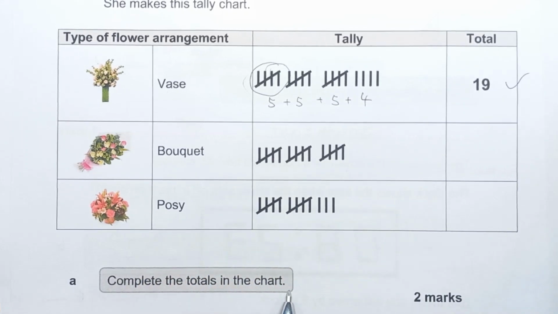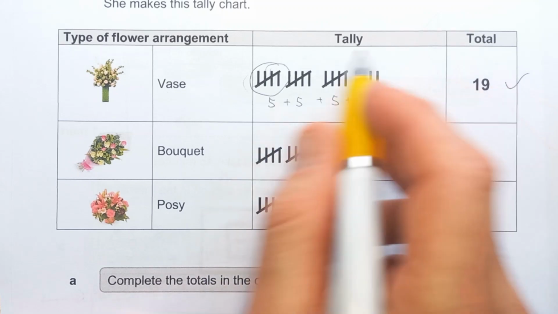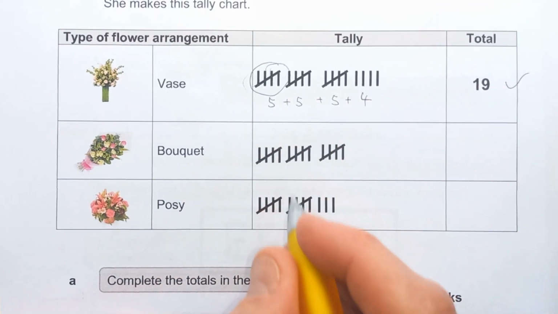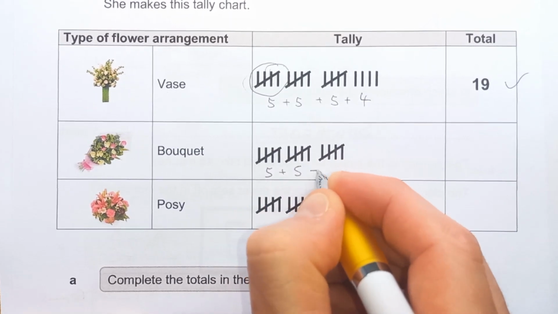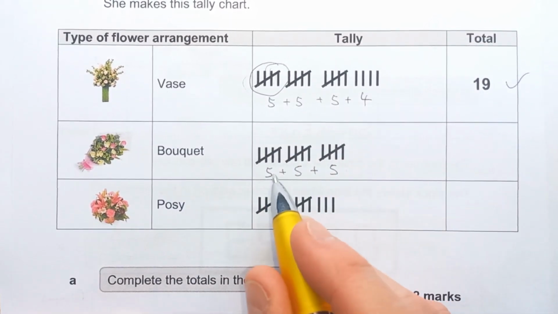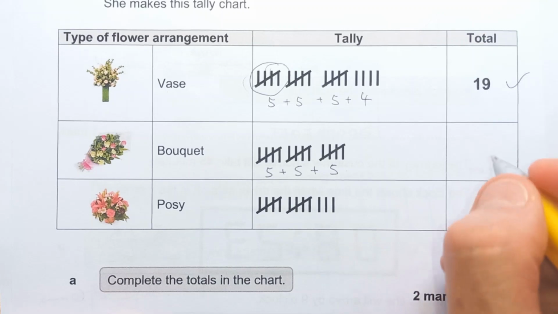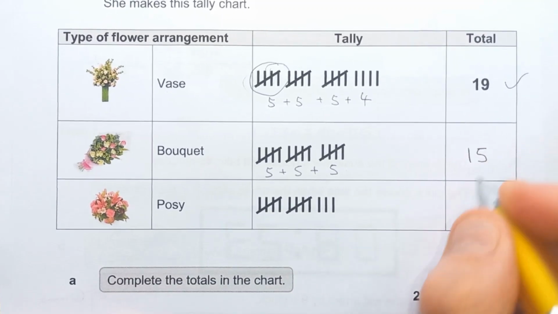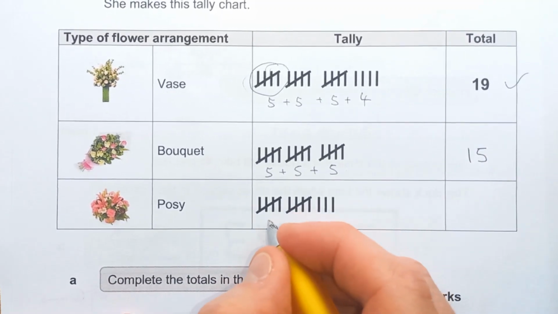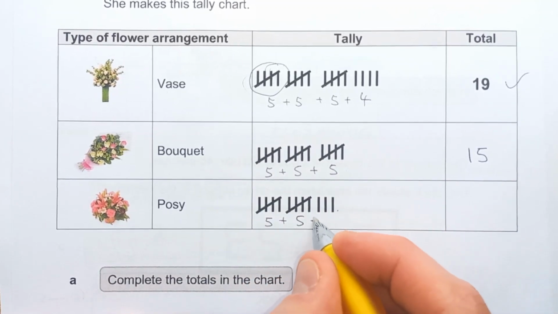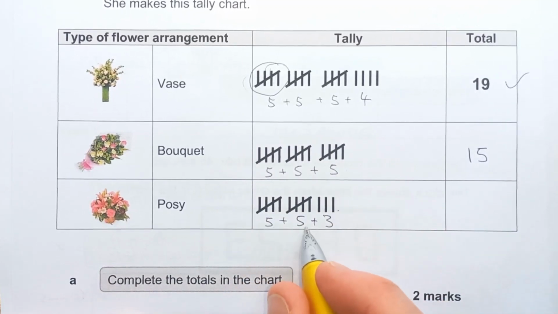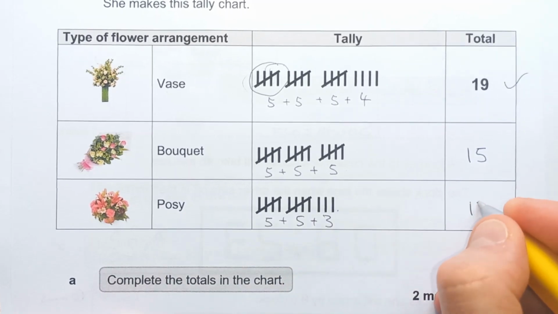Complete the totals in the chart. Right, so a bit like we did for the vase, we need to do the same for these two. So that's another 5, and another 5, and another 5. 5 and 5 is 10, and 5 is 15. Here we've got 5, and another 5, and 1, 2, 3. So 5 and 5 is 10, plus 3 is 13.